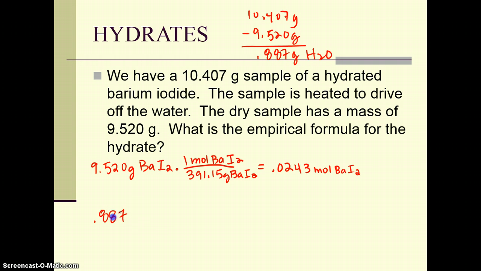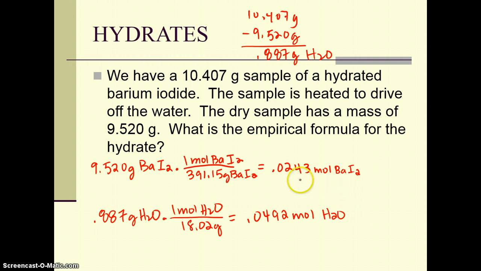0.887 grams of H2O, and convert that to moles. And I get 0.0492 moles of H2O.